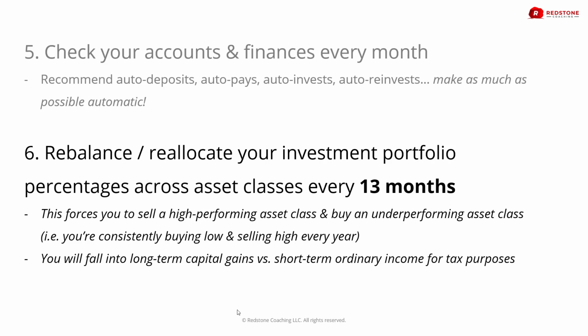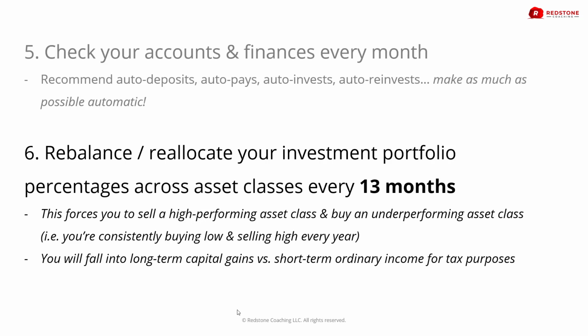And the way that we can do that is set a time every 12 months. I'm going to rebalance my investments. And it's diversified, so I'll move money from this asset class into this asset class based on what did well this year and what did not do well this year. And if you're consistently doing that, by nature, you're going to force yourself to consistently buy things when they're low, and sell things when they're high every year.